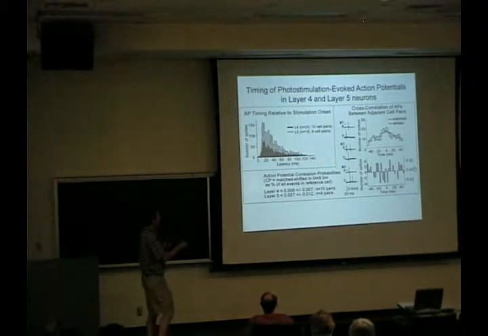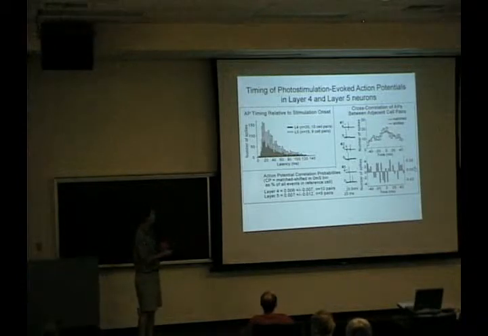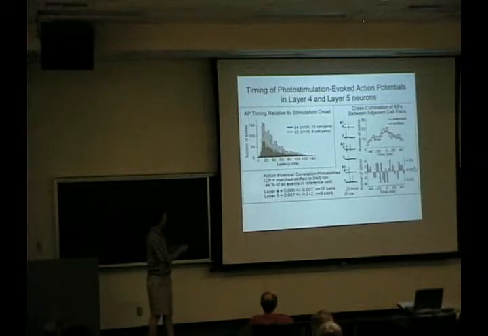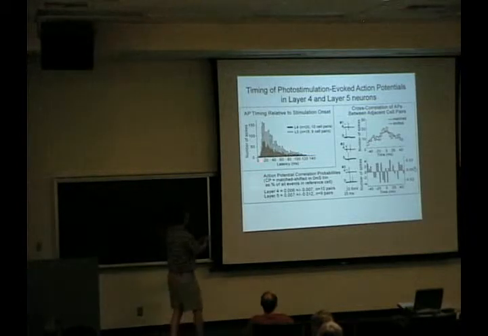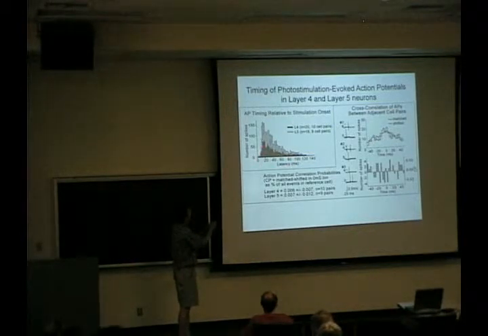So the actual connections between those cells aren't creating more synchrony of action potentials than you just get from the distribution below. You can see that when you photostimulate, here from many neurons in layers 4 and 5, there's initially a fairly high probability you'll get action potentials, and it falls off.